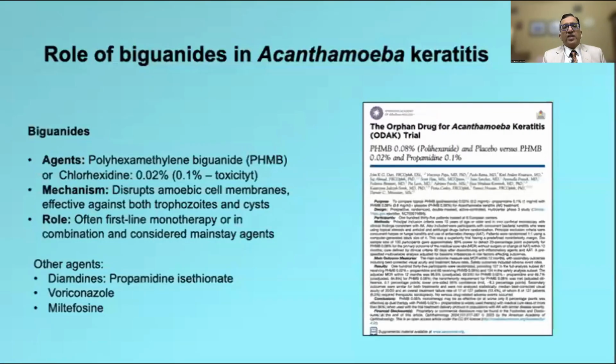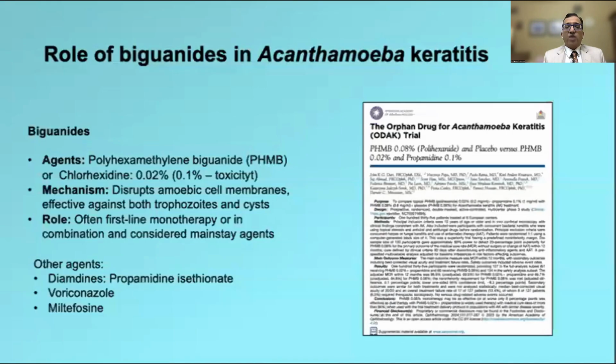So for acanthamoeba keratitis, there are multiple drugs. I'm not sure if everybody here has access to biguanides or the diamidines or voriconazole or miltefosine. But the main agents are PHMB, polyhexamethylene biguanide, or chlorhexidine.